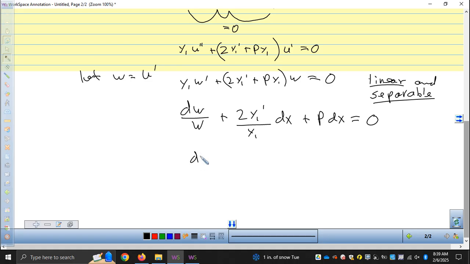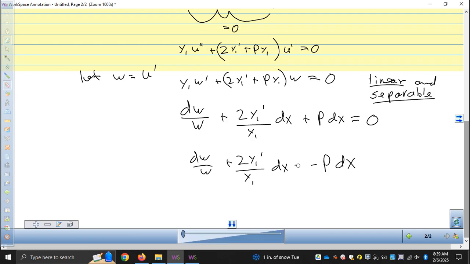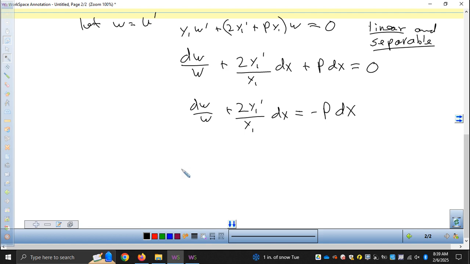So I have dw over w plus 2 y1 prime over y1 dx equals negative p dx. And now I can integrate. Well, this is the natural log of the absolute value of w plus 2 natural log y1 equals negative integral of p dx.